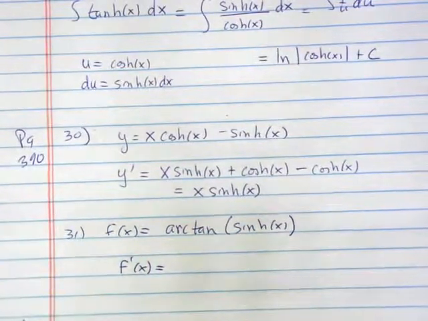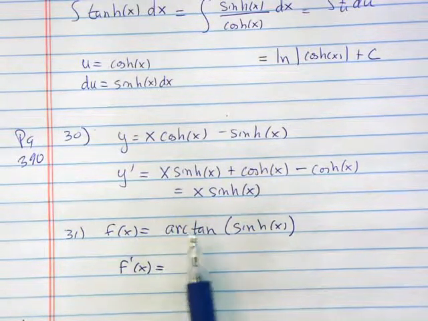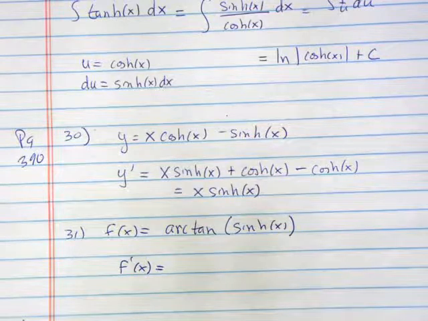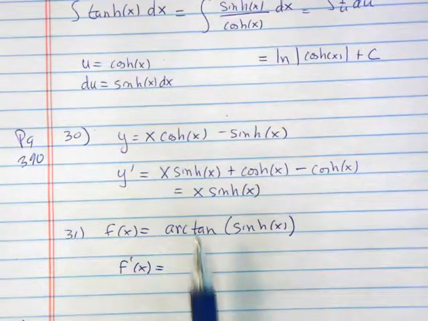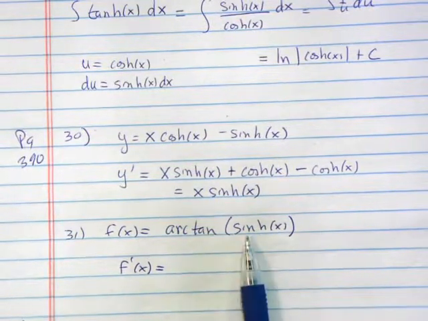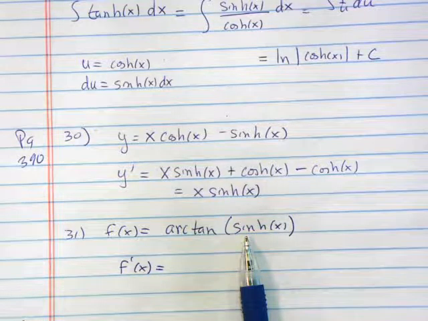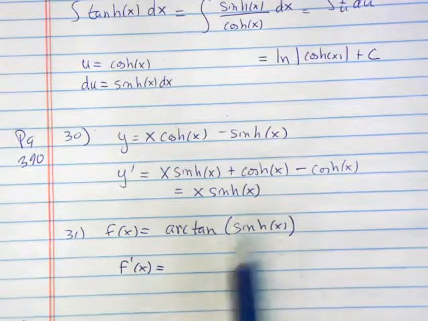All right, the first thing we need to remember is our formula for the derivative of arctan of something. What's the formula for the derivative of arctan of something? If I had just arctan x, the derivative of arctan x would be 1 over 1 plus x squared. Correct. But since I have something else, I'm going to need to use the chain rule.